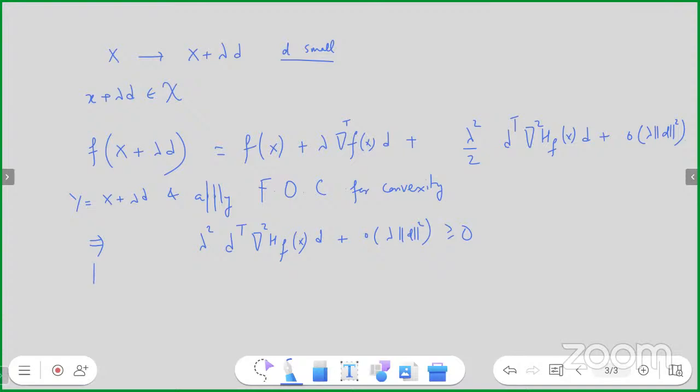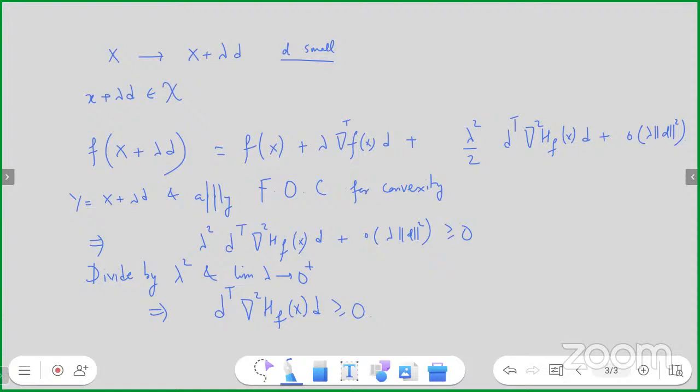So we get d transpose Hessian d greater than or equal to 0. That's it.